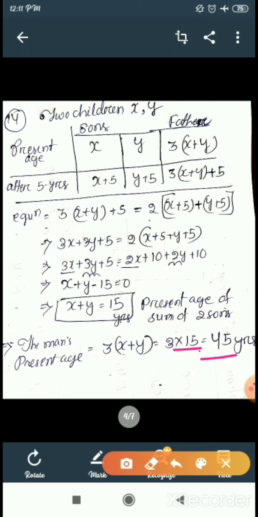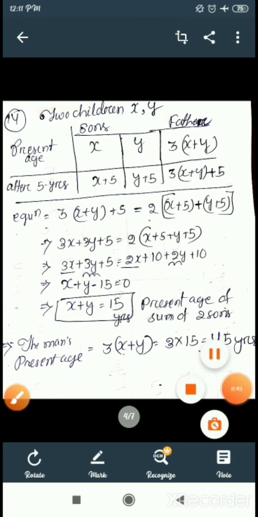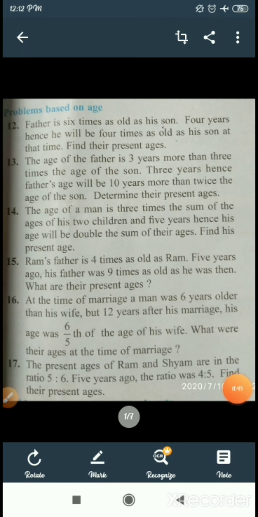Now have a look at question number 15. Here the question: Ram's father is 4 times as old as Ram. 5 years ago, his father was 9 times as old as he was. Then what are their present ages?